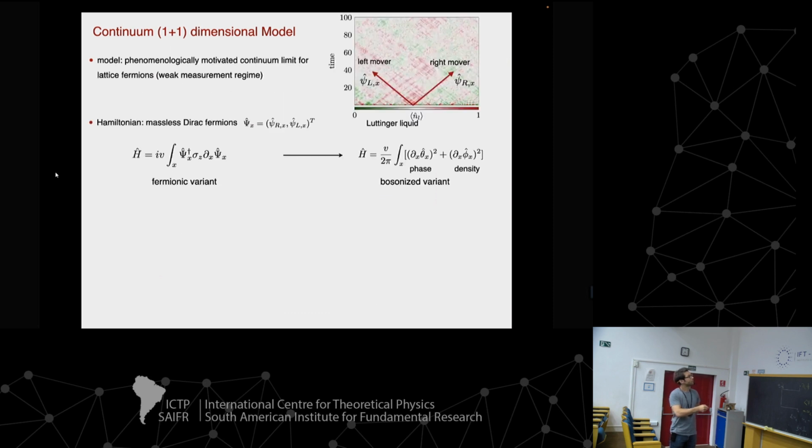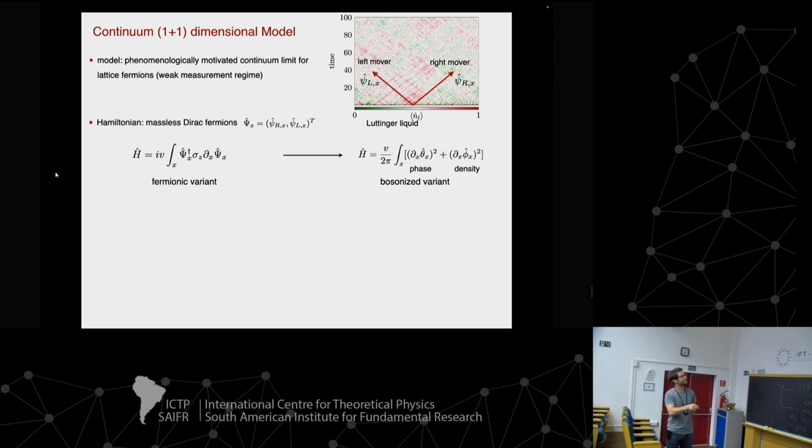Okay, so when we want to formalize this and go to a continuum limit, also in space, so we have already discussed the continuum limit in time. That's our weak continuous measurements. Now we introduce a continuum limit also in space. And that is really guided by these left and right moving particles.